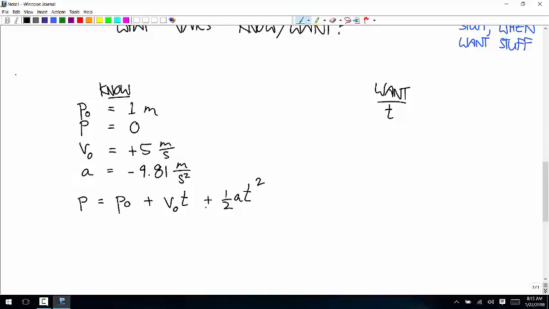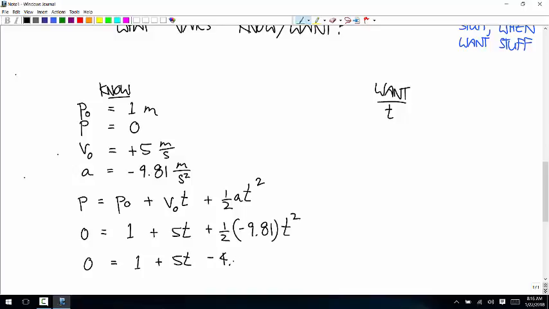So this one will work. So 0 is equal to 1 plus 5t plus 1/2 times negative 9.81 times t squared. So 0 is equal to 1 plus 5t minus 4.905 t squared.